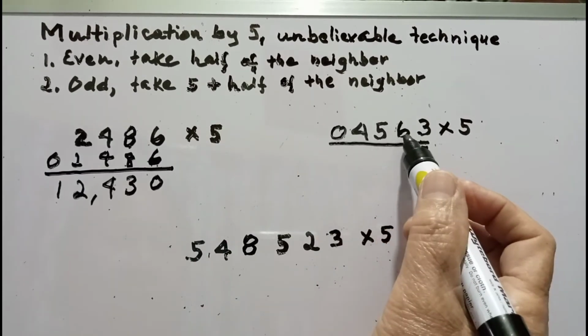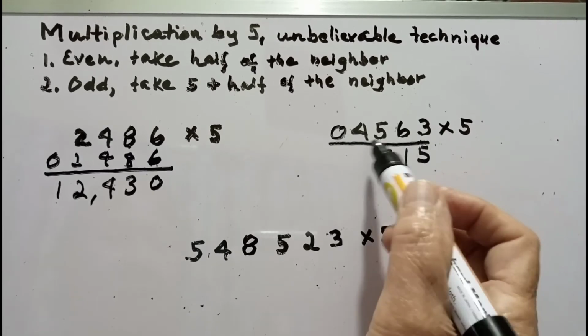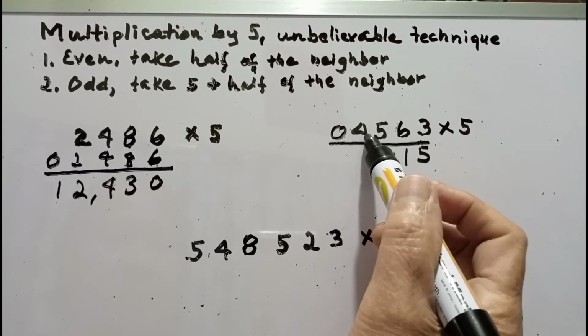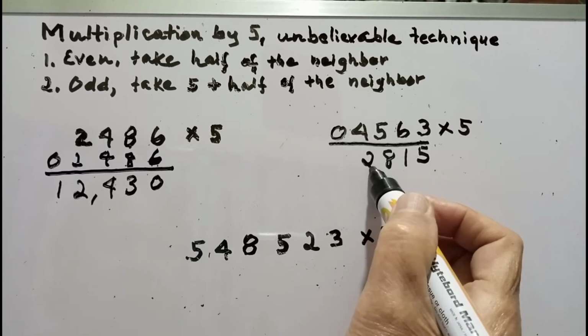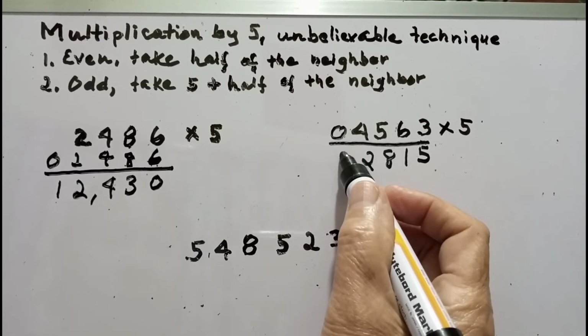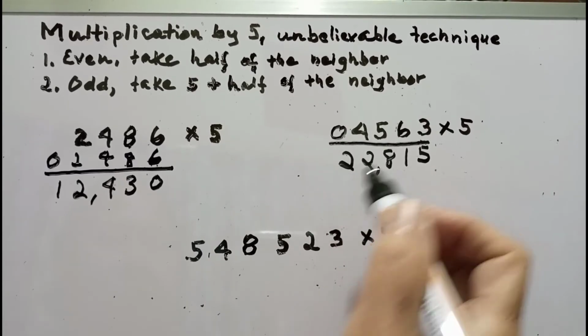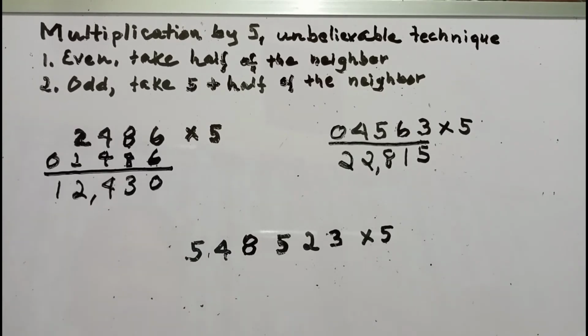So 5 plus half of 6 is 8. 4 is even, so half of 5 is 2. 0 is even, half of 4 is 2. So the answer is 22,815. You can check that out.